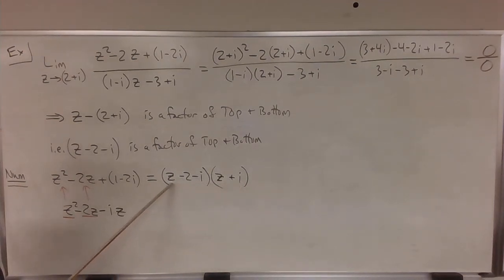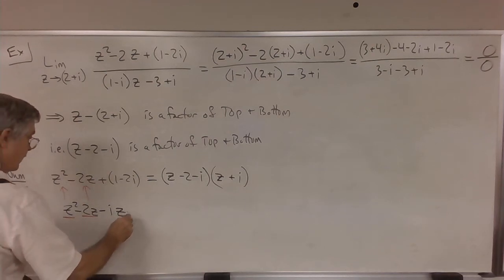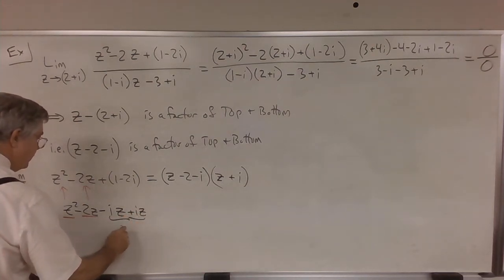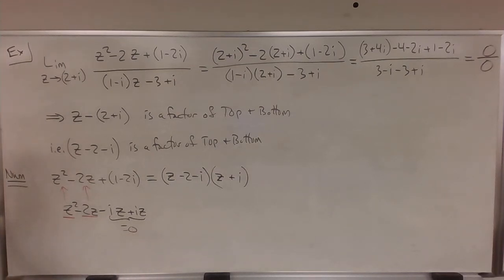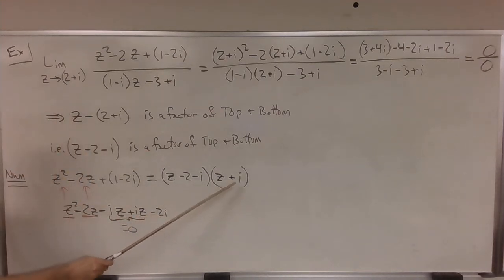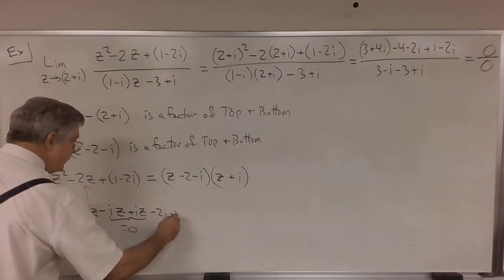I times z is plus iz, which is exactly what I want. So those two add up to 0. And i times negative 2 is negative 2i. And i times negative i is plus 1.